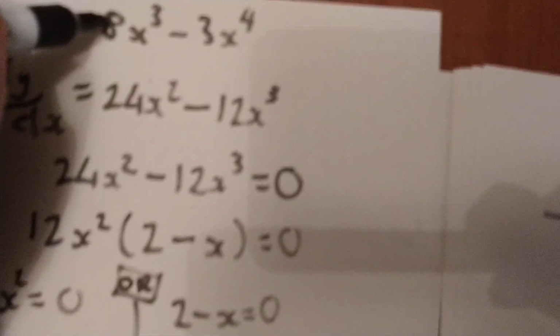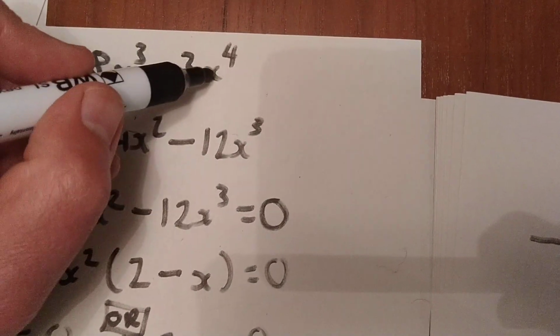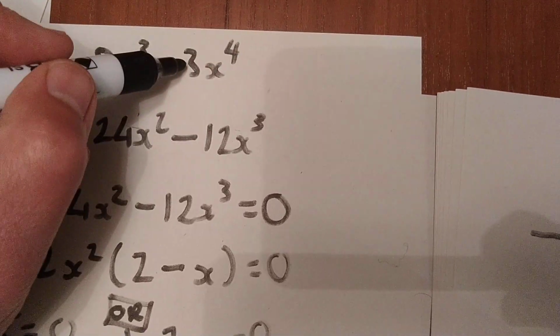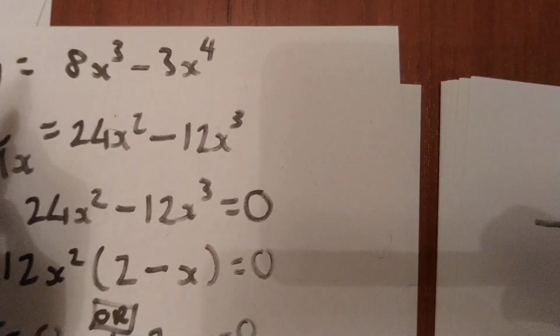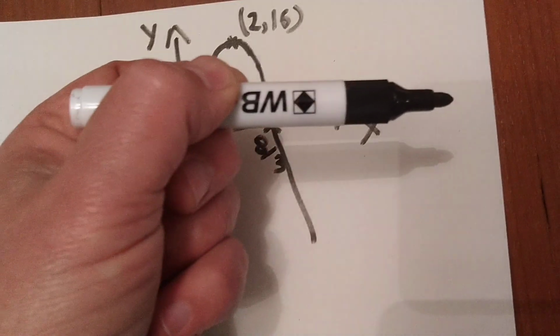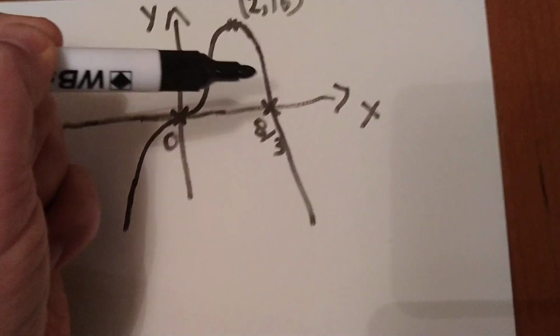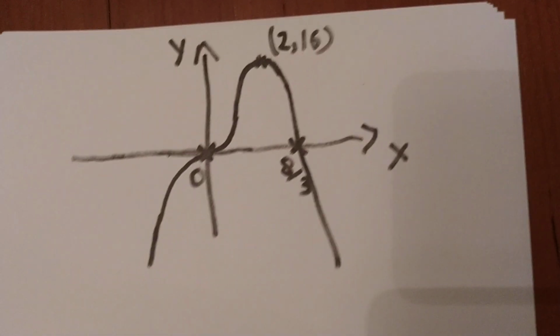So again, you can use 10 or 100 or anything. 8 times 10 cubed, that's 8,000. Take away 3 times 10 to the power of 4, that's take away 30,000. 8,000 take away 30,000. That's definitely a very negative value for y. So when my curve is going this way, with x getting larger, my curve is getting more and more negative, which is what happened when I drew it in. So that was a good result.